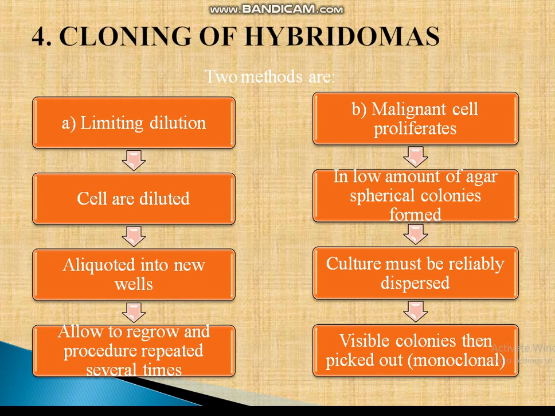So basically cells are diluted, aliquoted into new wells, allowed to regrow, and the procedure is repeated several times up to the desired amount. So what is happening in malignant cell proliferation? In a low amount of agar, spherical colonies form, the culture must be reliably dispersed, and finally visible colonies are picked out. And what will be those visible colonies? That will be monoclonal antibodies.